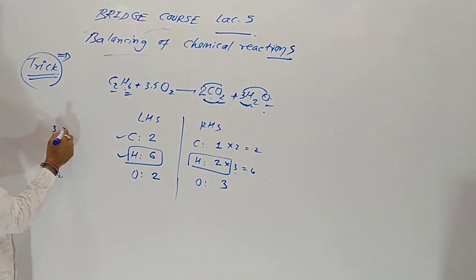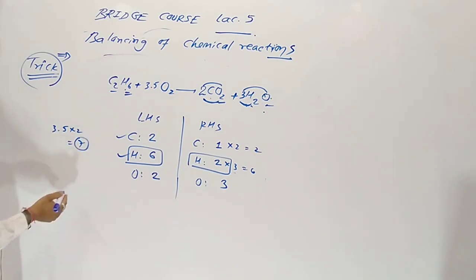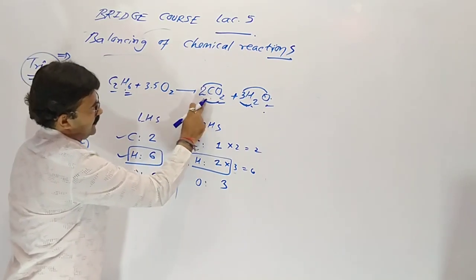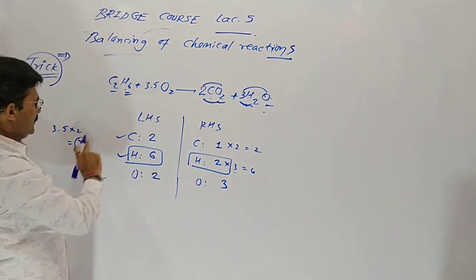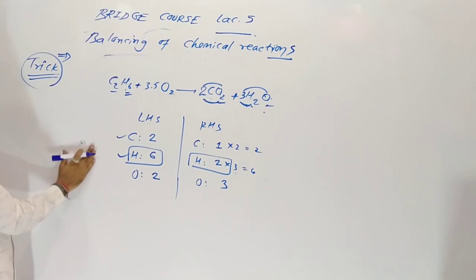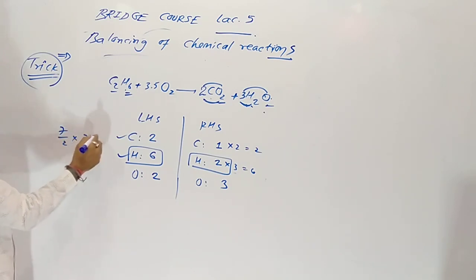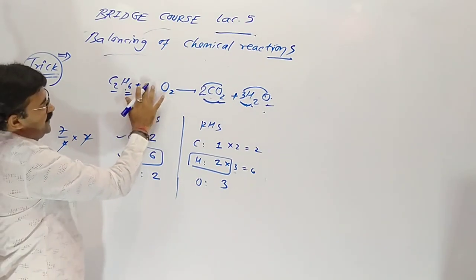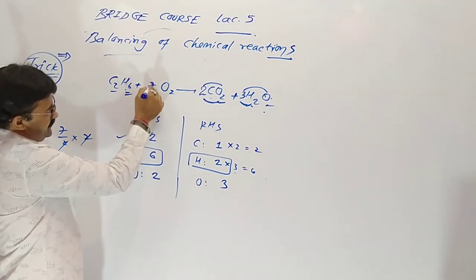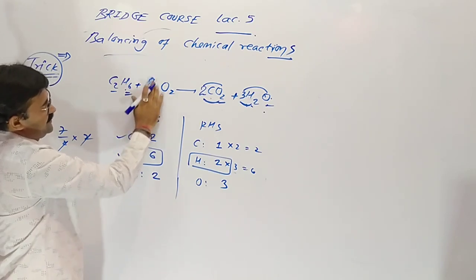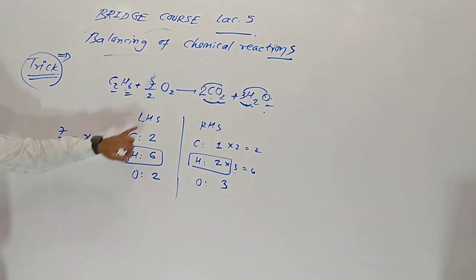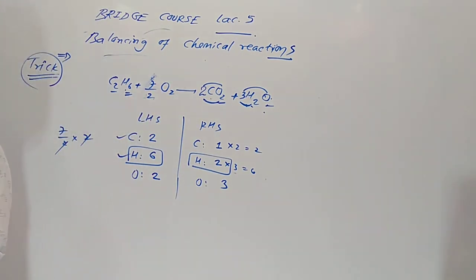Yes sir, 3.5 multiplied by 2 gives 7. 3.5 into 2, like 2 2s are 4. 3.5 into 2, so 7. Otherwise 7 by 2 and multiply by 2, so the 2s cancel. So sometimes in balancing a fraction also comes, not all whole digits. Fractions also come in the balancing of a chemical reaction.